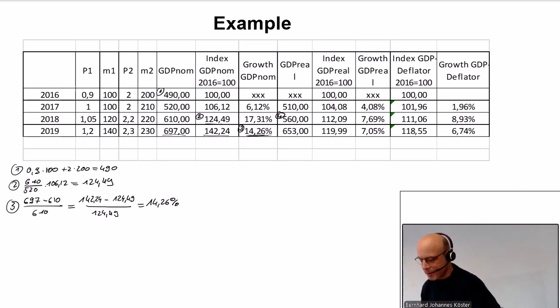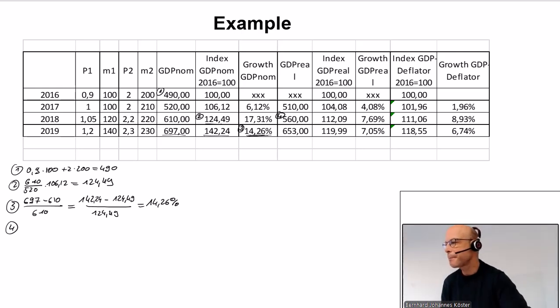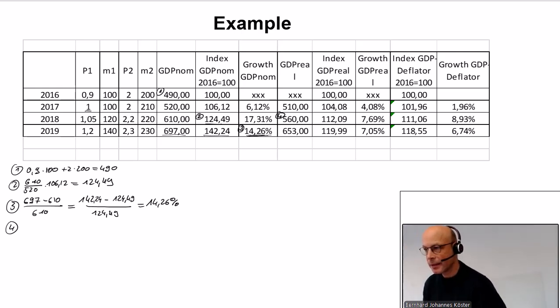Okay, then now this real GDP number, number 4. Yeah, this one times, yes, 120 plus 2, great, and 222.